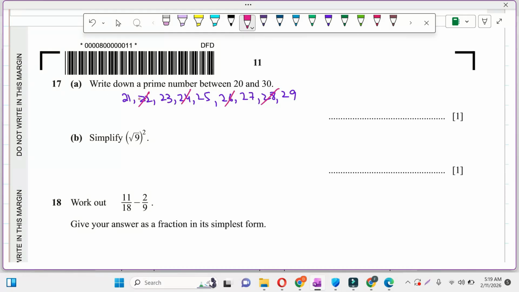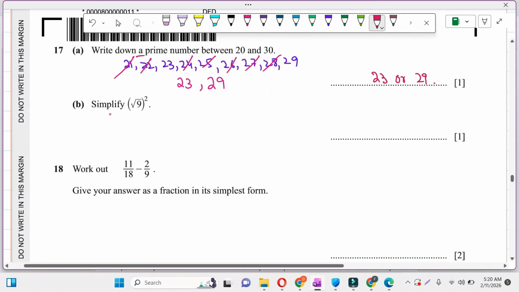Prime numbers are the numbers which are divisible only by itself or by 1. 21 is divisible by 3, so we will discard it. 23 cannot be divided by any number, so it is only divisible by itself or 1, so 23. 25 is divisible by 5, so cancel it out. 27 is divisible by 3, so cancel it out. 29 is not divisible by any number, so it's 29. So we have two prime numbers between 20 and 30. We need to write one, so we can write 23 or 29.